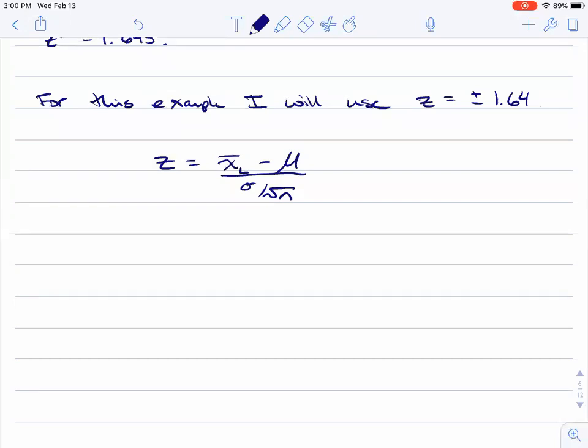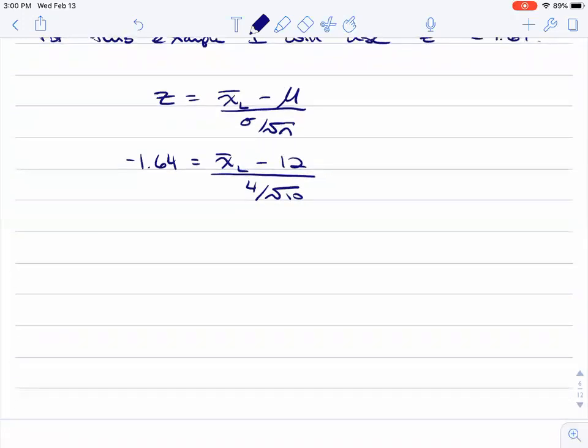So for X bar lower, we've got a Z of negative 1.64 is X bar lower minus mu, which is 12 over 4 over the square root of 10. Cheating a little bit because I've got 4 over root 10 in here already.